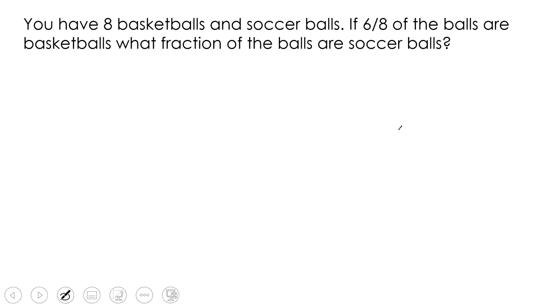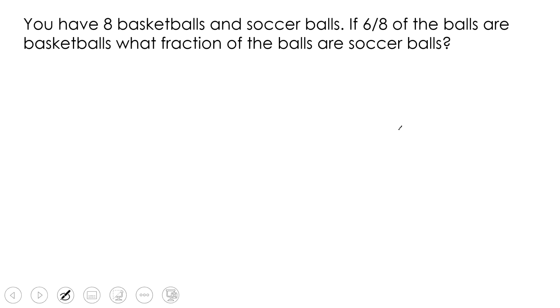Okay, so let's read it again and do our important information. So we know that it's about balls, right? And we have soccer balls and basketballs. So let's read it again. You have 8 basketballs and soccer balls. If 6/8 of the balls are basketballs, what fraction of the balls are soccer balls?